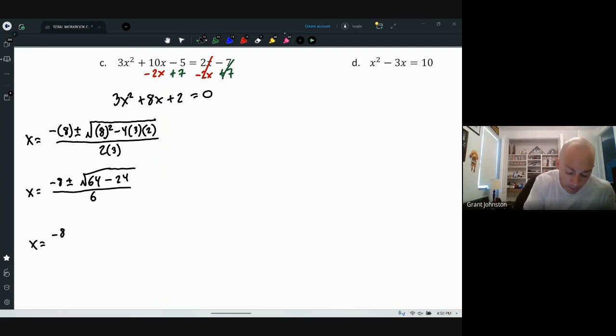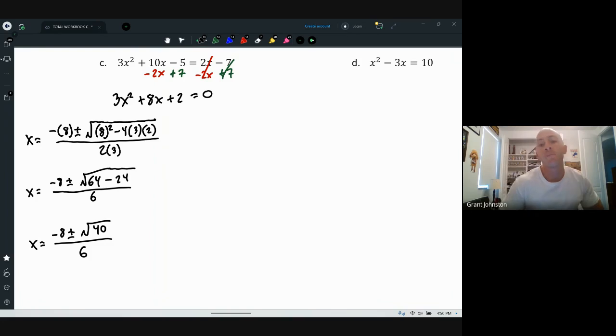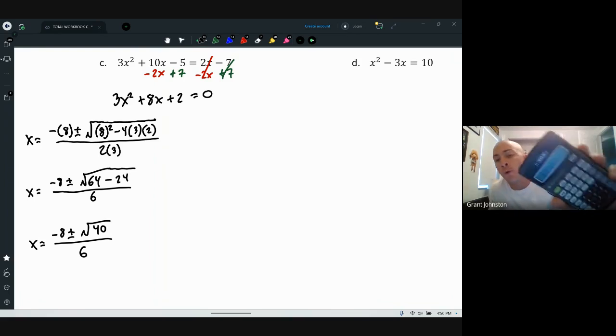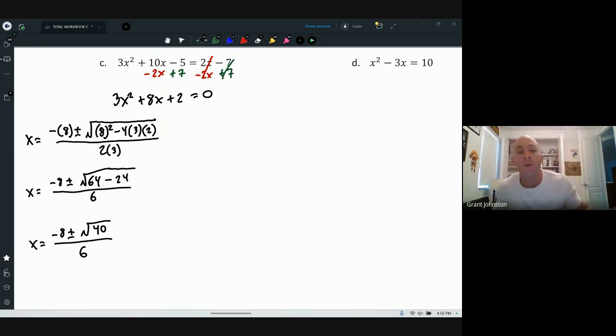So I have negative 8 plus or minus 64 minus 24 is 40, over 6. Now I'm going to pause here for a second because the square root of 40 doesn't simplify to a whole number. If you type it in, you get 6.3245. It's an irrational number. So we can't just get this out to a whole number like we did with letter B.